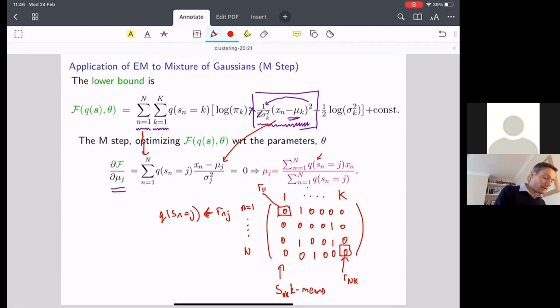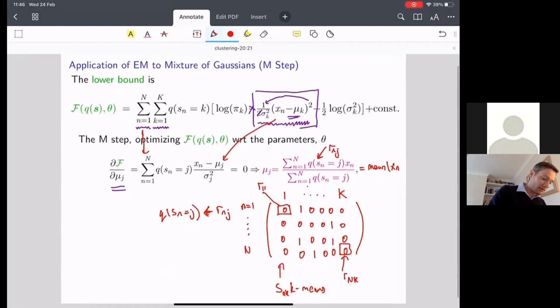And then if we look at the way the means are updated, you can hopefully see that in the case where the Q's are hard, where they take the value 0 or 1, and these are equivalent, again just to stress it, to the R_nj's, this thing will collapse back to the mean of all the data points x_n such that they are in cluster j.